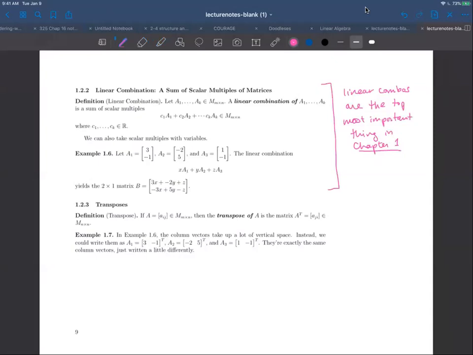The idea of a linear combination is you get some matrices that are the same size. So I've got k of these m by n matrices, and I get some scalars. I scale my matrices and add them together to get a new matrix, and when I do that, I get this thing called a linear combination.